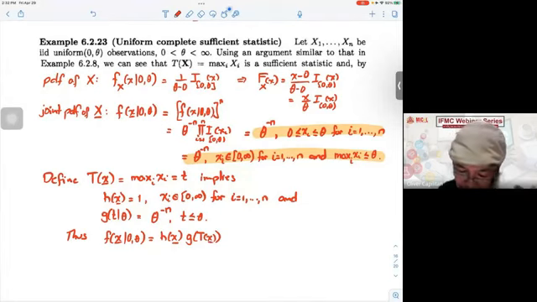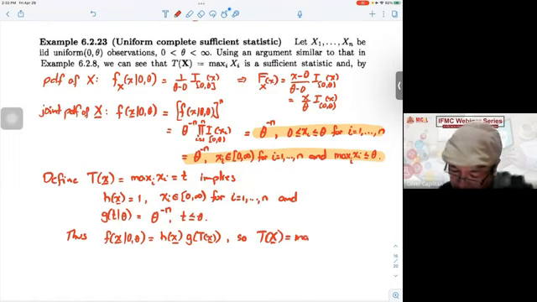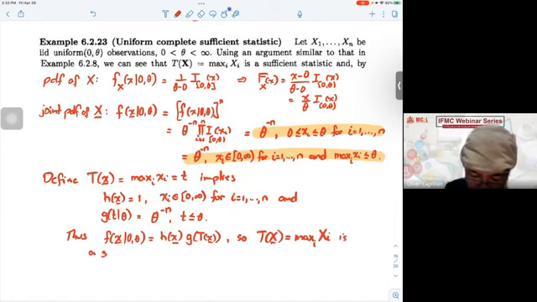So, what is the implication of this? Our T of this random sample, which is equal to the maximum of all the random variables, is a sufficient statistic by the factorization theorem. So we have shown that it's a sufficient statistic.